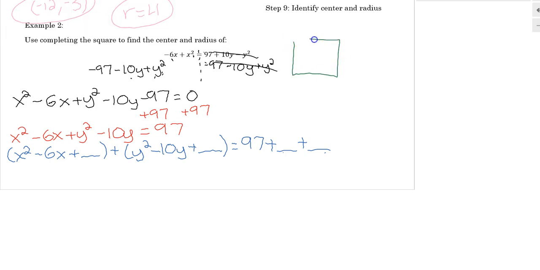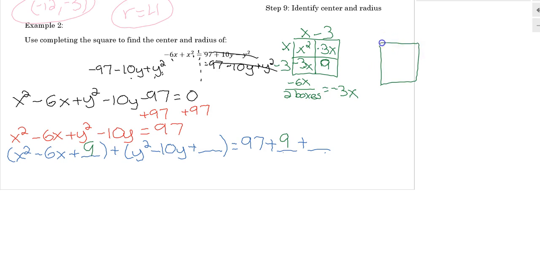Since I have room up here, x squared, I have negative 6x divided by the two boxes equals negative 3x. Negative 3x, negative 3x. X squared is x times x. X times negative 3, x times negative 3. Negative 3 times negative 3 is positive 9. So 9 will go in this blank and my first blank on this side.